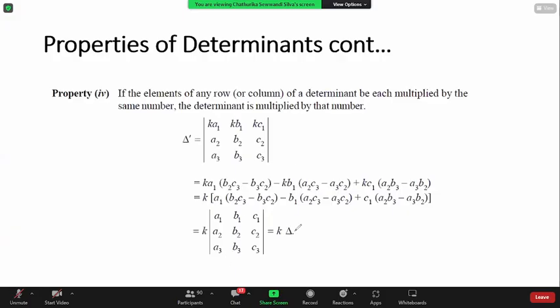So the resultant determinant, after multiplying all the elements of the first row by the constant k, should be as follows. Originally our determinant is C, then this should become kC.